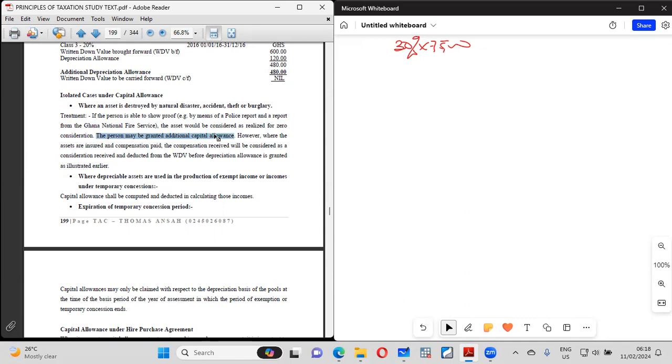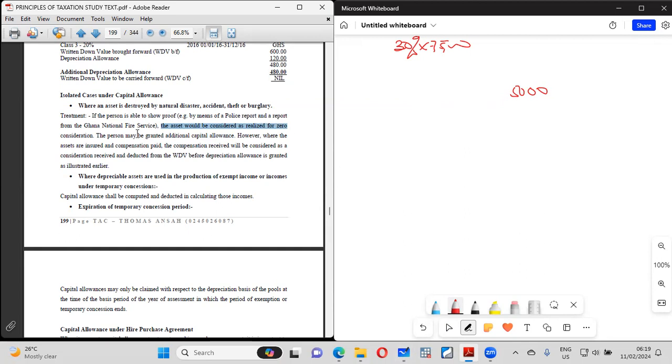Of course. Now it's like if the written down value of that thing was, let's say, 5,000. We are saying that when it's lost, or when it catches a fire in terms of any disaster, the asset will be considered realized for zero consideration.